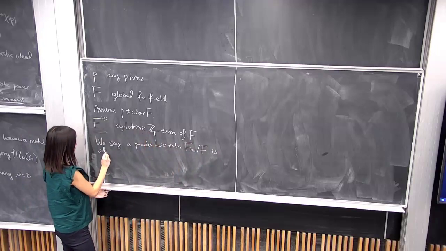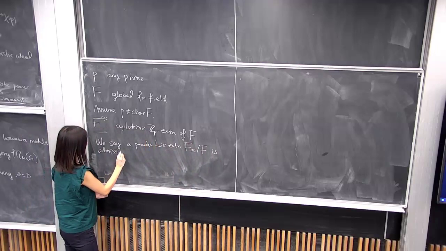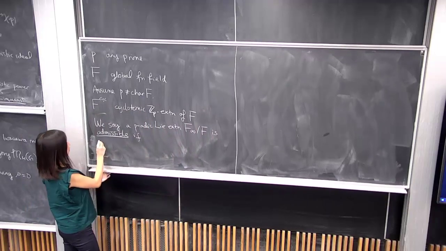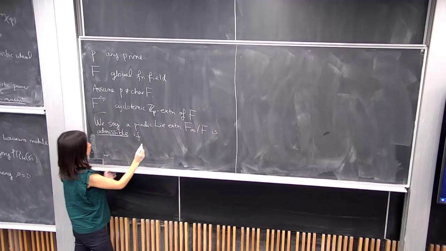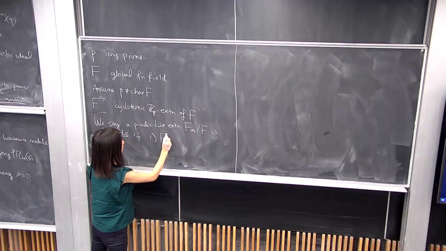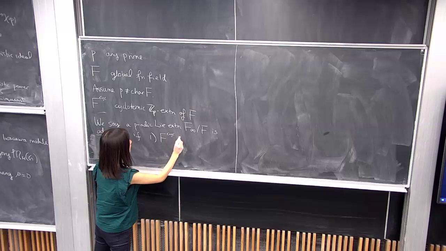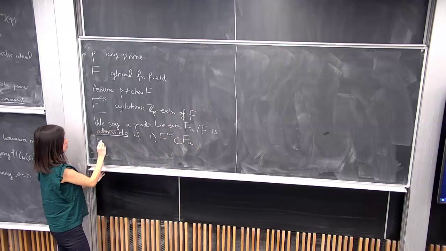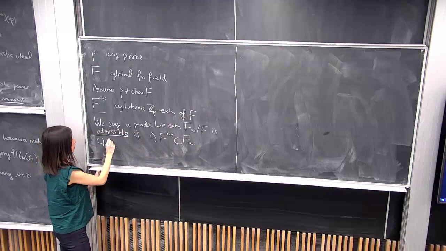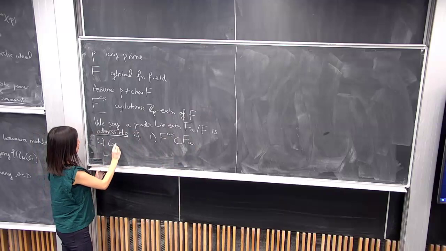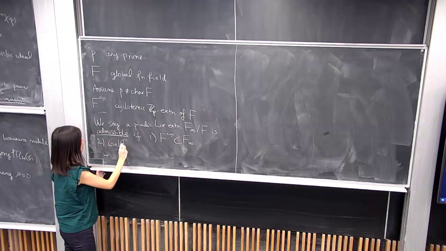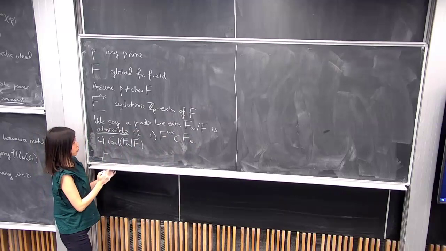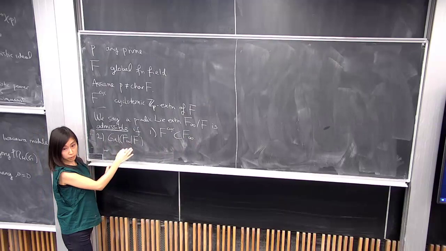One, F infinity contains the cyclotomic Z_p extension. Two, the Galois group of F infinity over F is a compact p-adic Lie group, and we're going to assume this has no p-torsion.